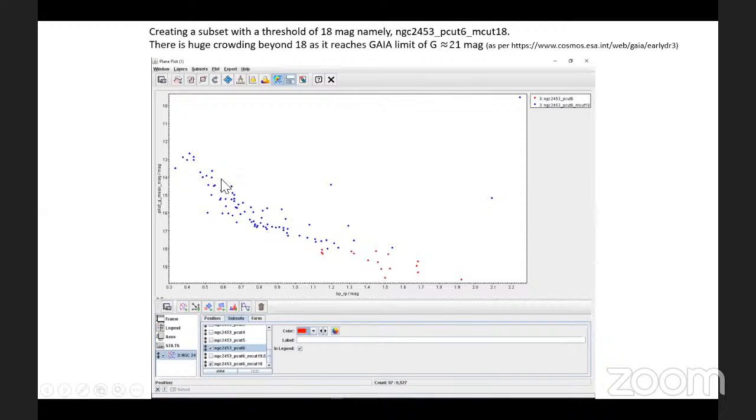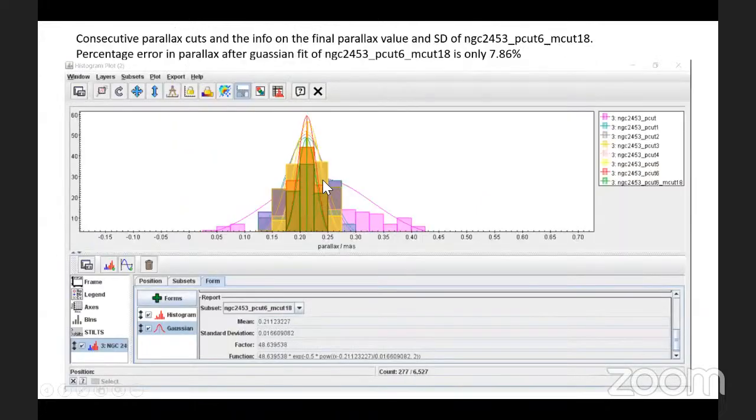And then the rest of the things after I cut it off. I have renamed this as NGC 2453 PCAT 6 MCAT 18, which you can see as blue dots here, and the red dots are beyond the threshold of 18 magnitude. You can see this superimposition in this plot.